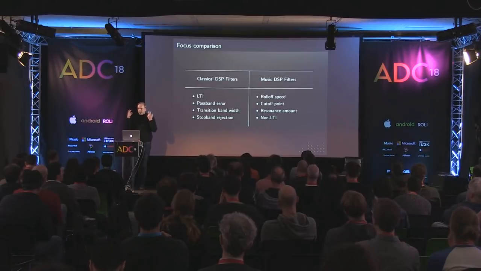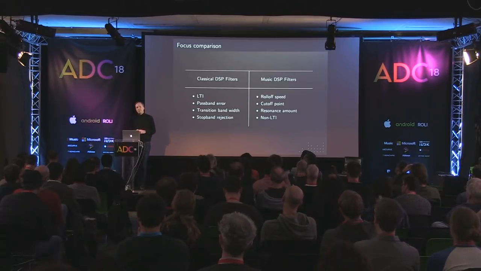We're interested in musically relevant qualities, like filter roll-off, filter cutoff, resonance. We want nonlinear elements. We want modulation going into the audio rate. And this results in the fact that solutions found in one branch, like in standard DSP, are not the best solution, not working too well for our purposes. And I'm about to demonstrate it.